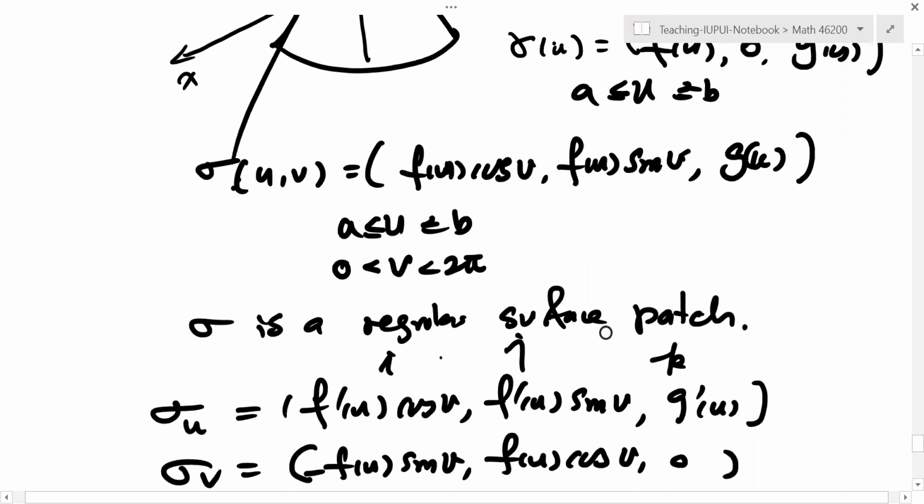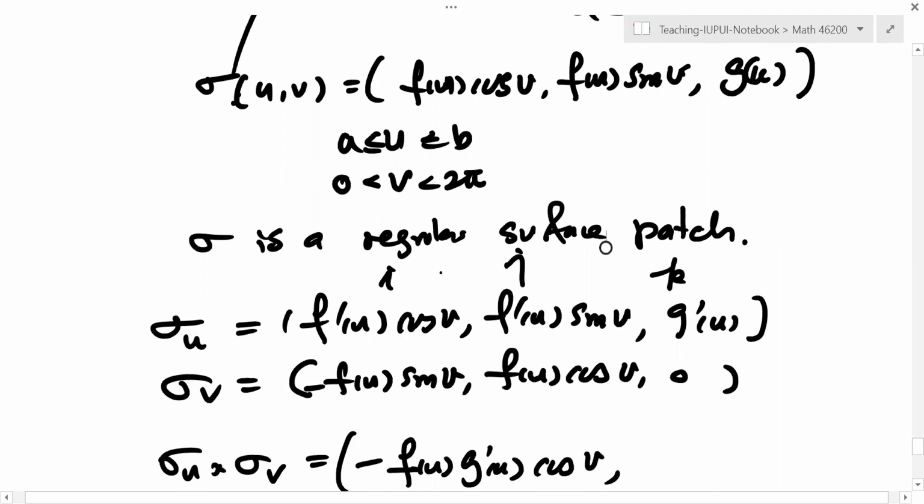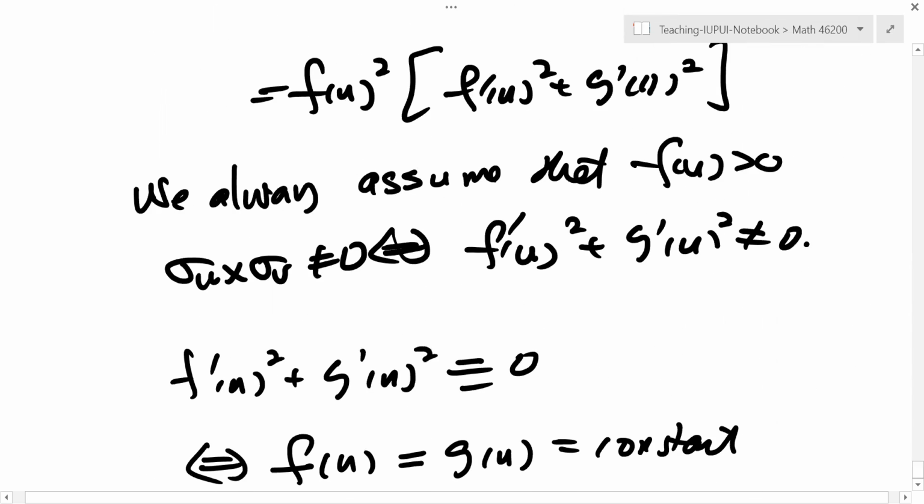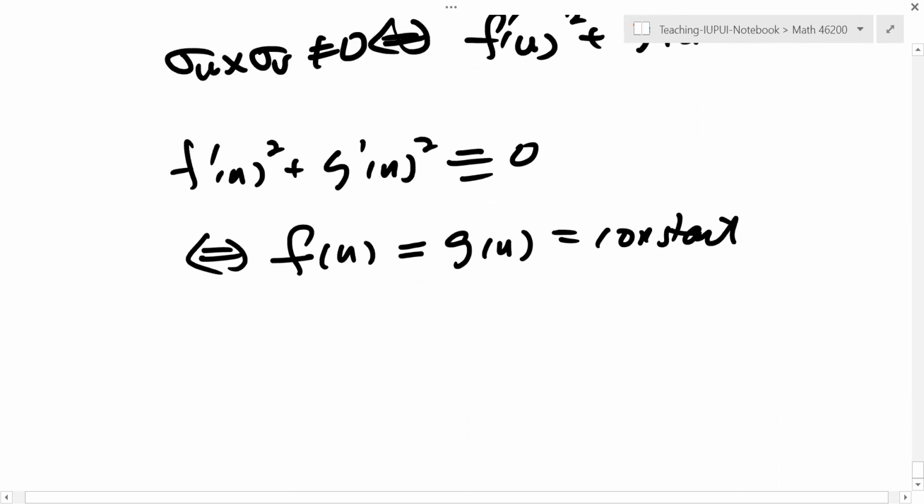My computation is correct. If it's a constant, then if you draw the picture, you get a circle.